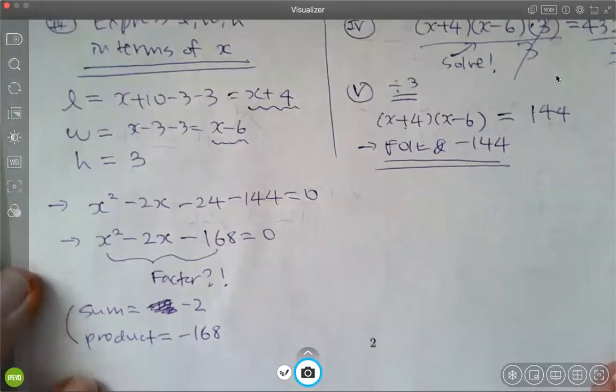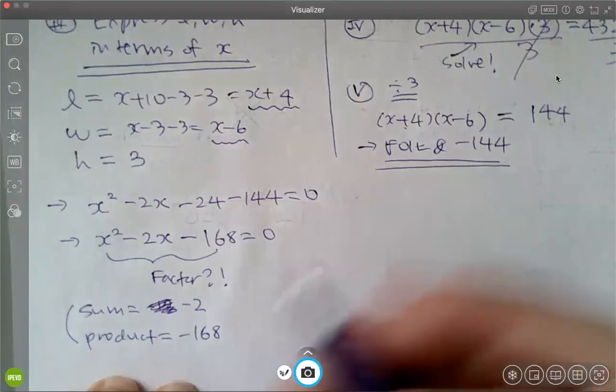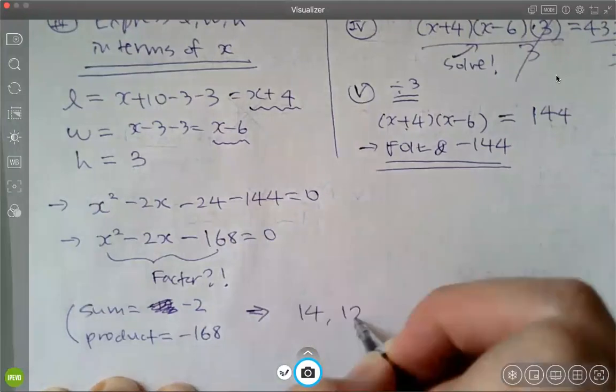Here again, we are dealing with a 3-digit number, but it's not too terrible finding the two numbers compared to the previous problem. Can you come up with two numbers that satisfy both conditions at the same time? 14 and 12, yes. Now, where is the negative sign?